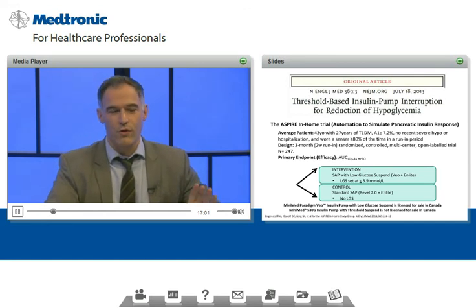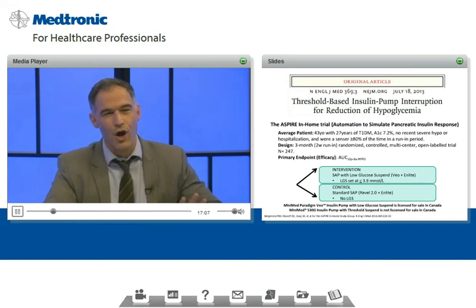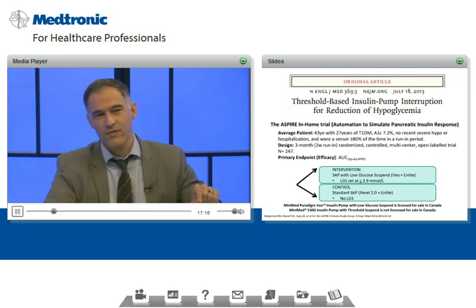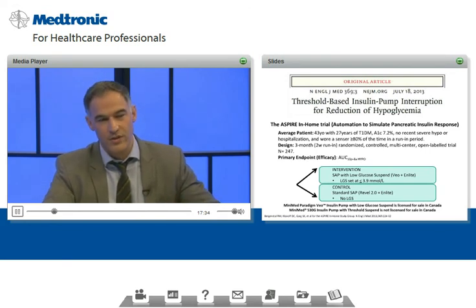Just to be clear, one group just had sensor-augmented pump therapy, the other had it with an automated low glucose suspend feature. Just to describe that briefly, here you set a threshold on the pump, and it was set at 3.9. If a sensor reading falls below 3.9, unless the patient interacts immediately, it will shut off basal for 2 hours. So this is not how we treat hypoglycemia generally, but for someone who's not aware of their hypoglycemia, it's taking some action to prevent the severity and potentially the duration of that hypoglycemic episode.